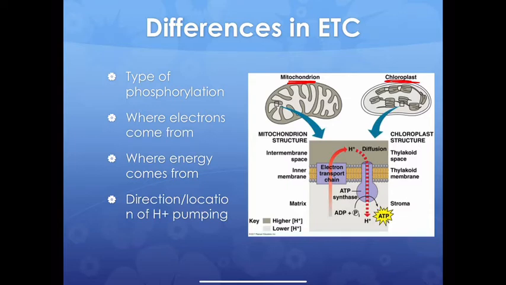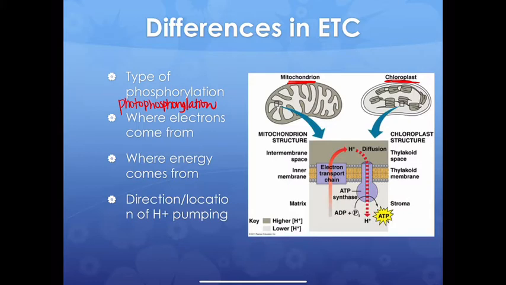So first of all, the type of phosphorylation. In the chloroplast, the electron transport chain does photophosphorylation. The electrons are coming from when the sun has excited those electrons within the chloroplast, and it's called photophosphorylation.